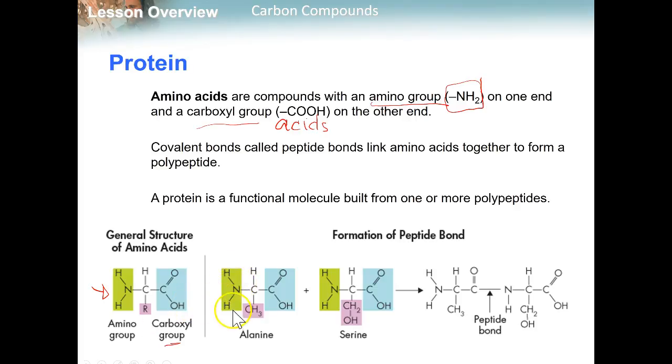So here we go. Here's our amino group. Here's our carboxyl group. And in the position of the variable, we have CH3. And with CH3 there, that makes this amino acid alanine. So here's another one. We know this is an amino group. We know this is a carboxyl group. And here we have CH2OH.